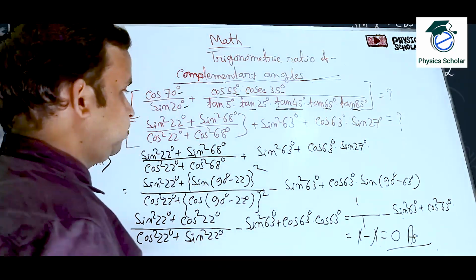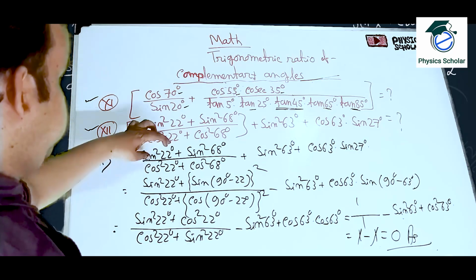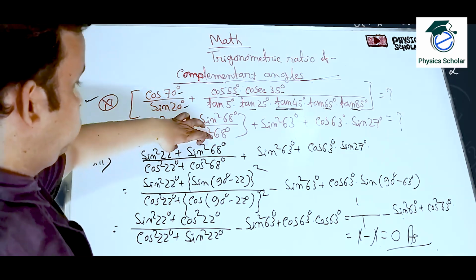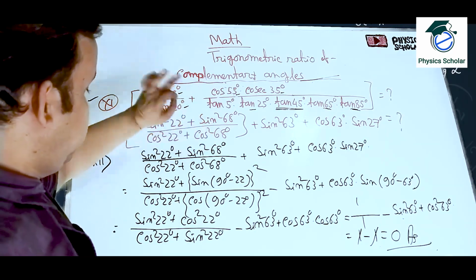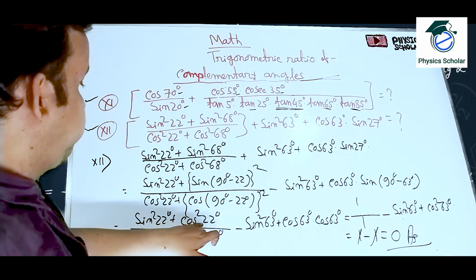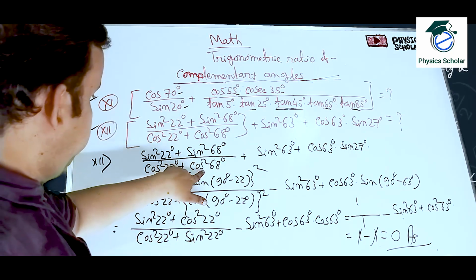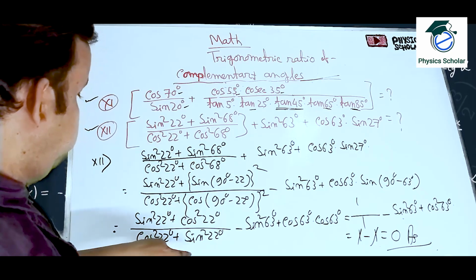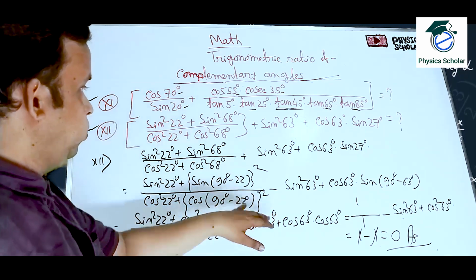So see, we are not changing this one, we are changing this one, as both are complementary angles, okay, these two angles are complementary. So that means sin square theta plus cos square theta means 22 degree here. Same we are doing for the denominator, it will be cos square 20 degree plus sin square 20 degree, okay.